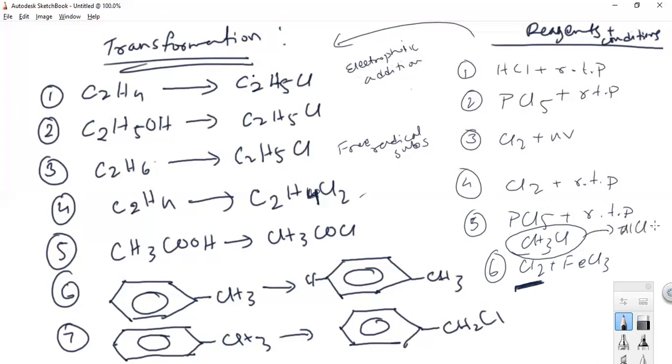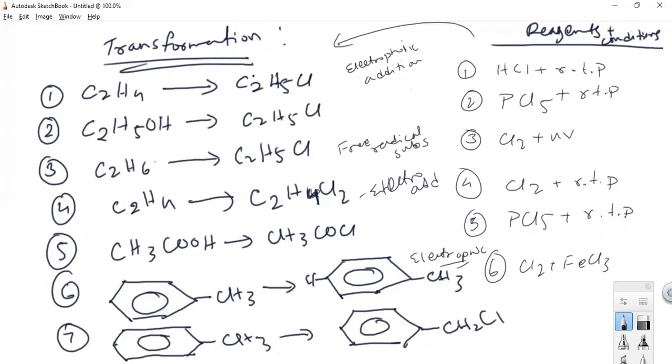But when we add pure chlorine, then we add FeCl3. So that's the basic case. This doesn't have any specific name, but the type of reaction is electrophilic substitution. You can also write it beside. This is electrophilic substitution, and this is electrophilic addition.